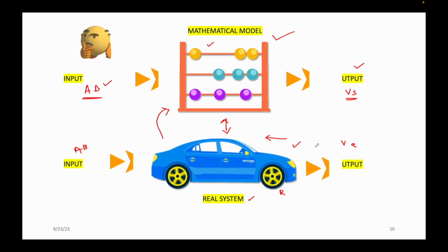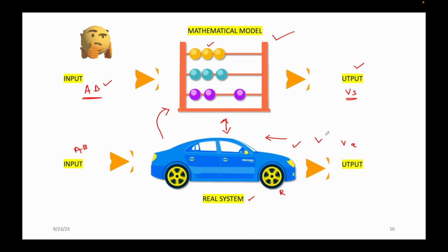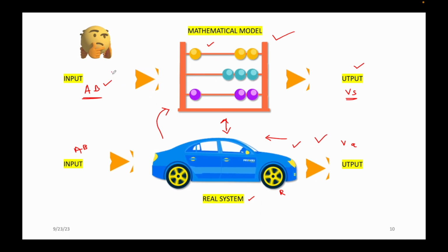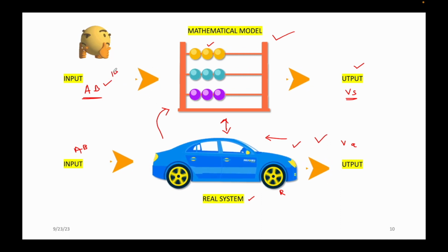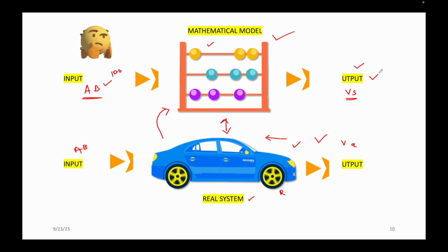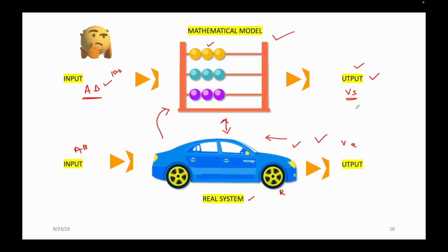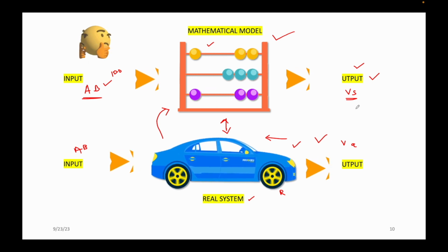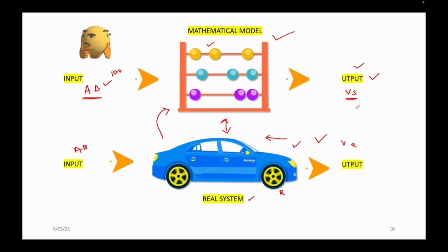Then that is very risky when you deal with the real system. But if you apply the same 100% acceleration to the plant model which you created for the vehicle, then you will be getting the velocity without any risk, and you will be able to validate or predict the behavior of this particular system.